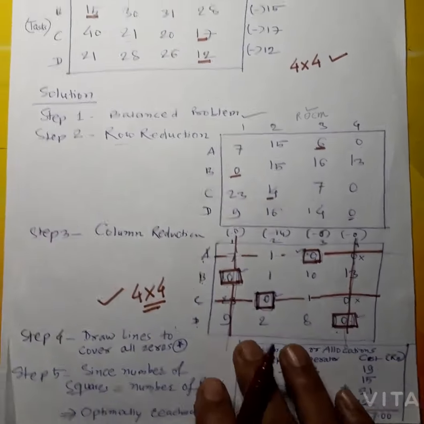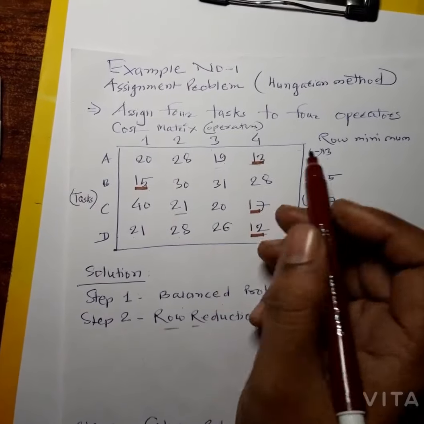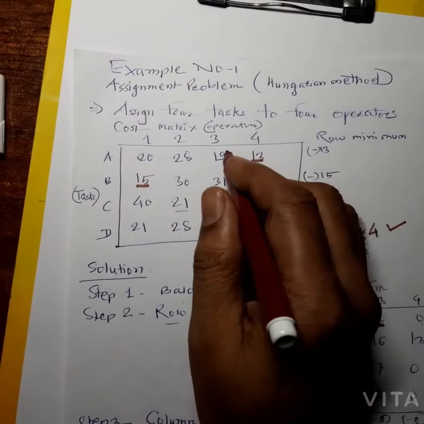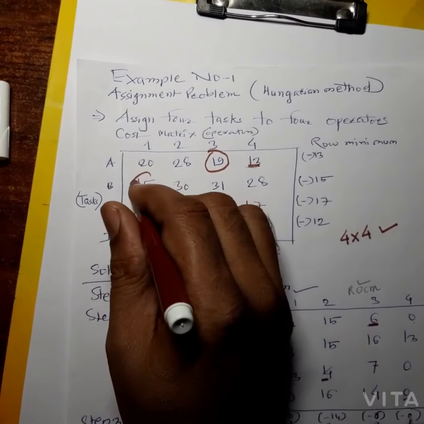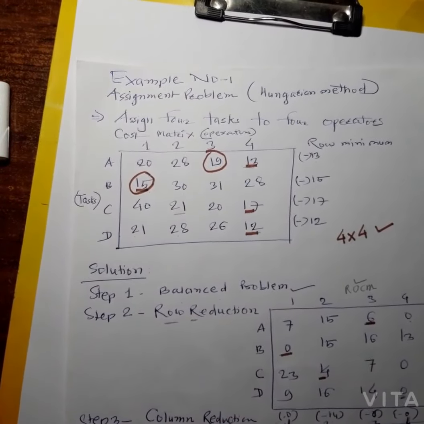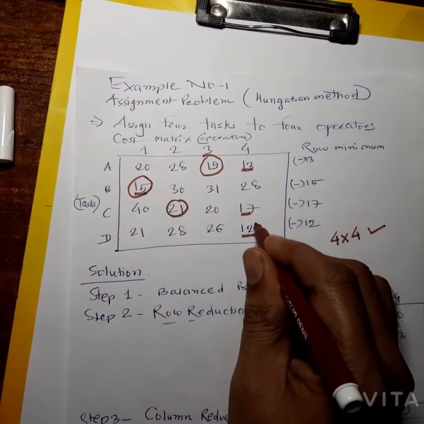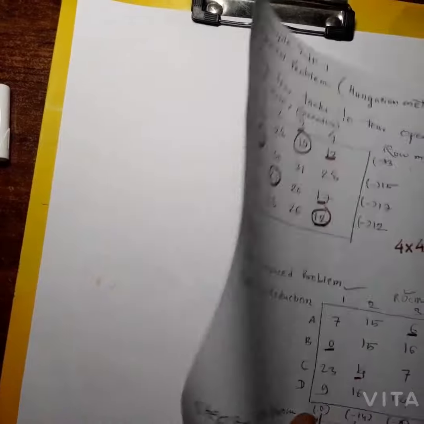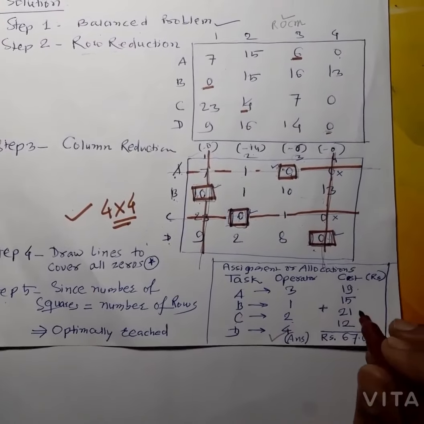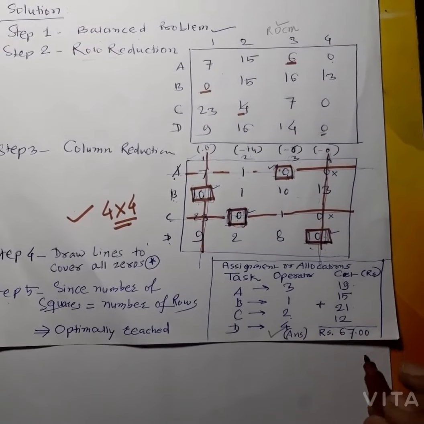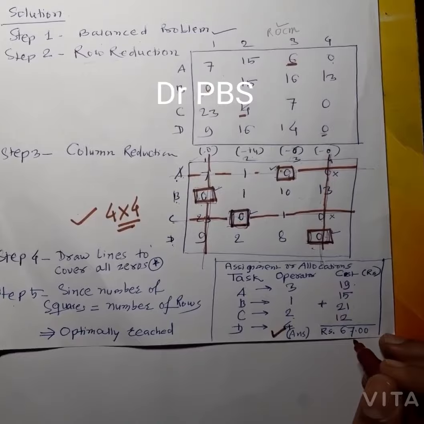Now A to 3, 19, then B to 1, 15, and C to 2, 21, and D to 4, 12. Just put the values here, do the summation of this, you will get the final answer. This is the final answer, rupees 67.